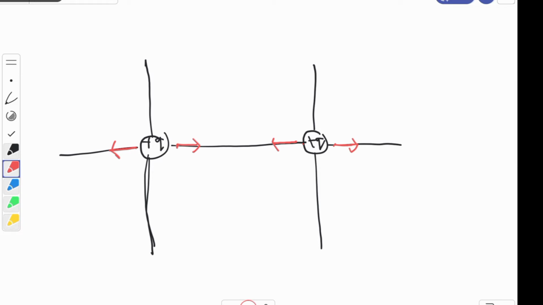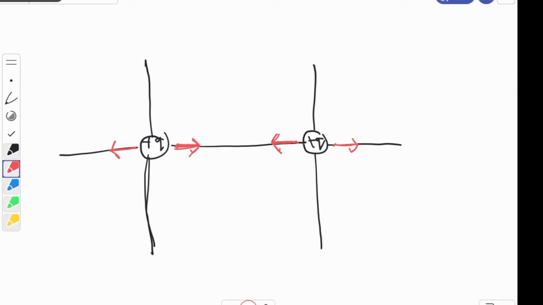Okay. Now see, here the electric field is in this direction, and here the electric field is in this direction, and we know both the charges are equal, plus q and plus q. That means the magnitude of the electric field will be the same, but they are in opposite directions.